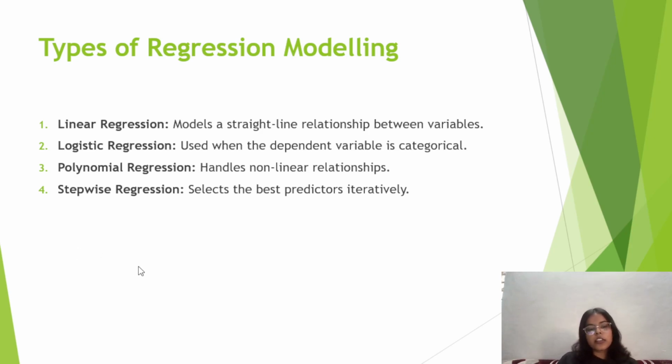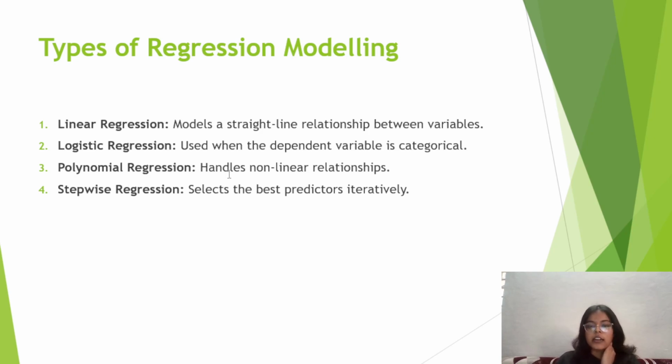What is linear regression? Linear regression is a model of a straight line relationship between variables. Logistic regression, as you can tell by the name, is used when the dependent variable is categorical. It means if we want a true or false, or yes or no, in that case.